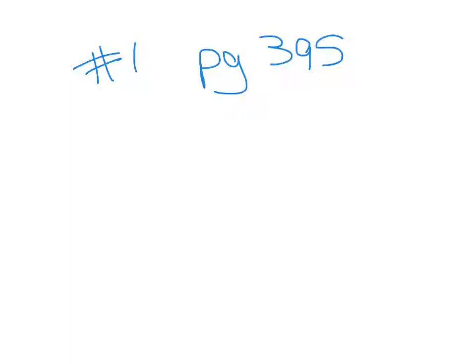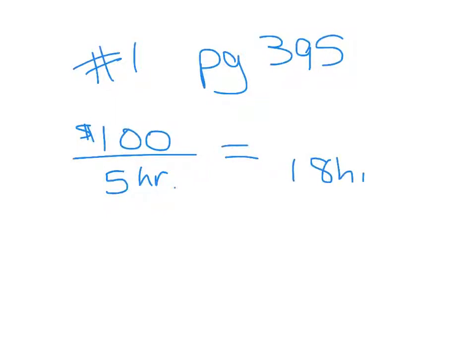If an employee earns $100 for 5 hours, how much will the employee earn for 18 hours? So what I like to do is label what's in my proportion. So notice how I put HR next to the 5, so that way when I set up my second fraction, because it's directly proportional, I'm going to also put the hours in the bottom of the fraction.